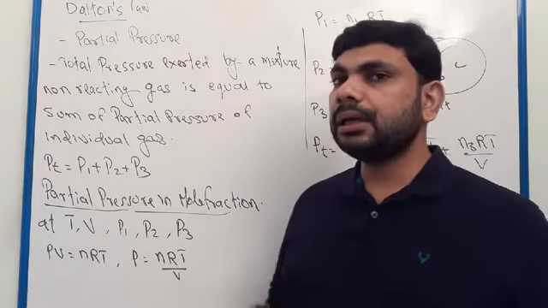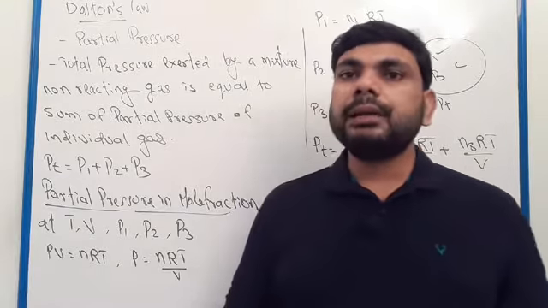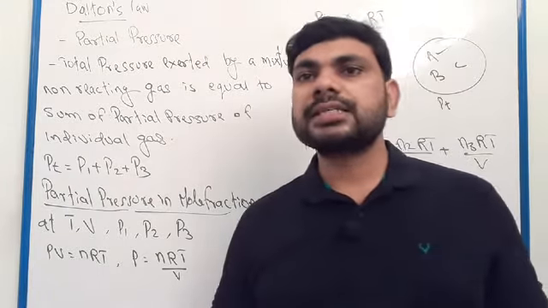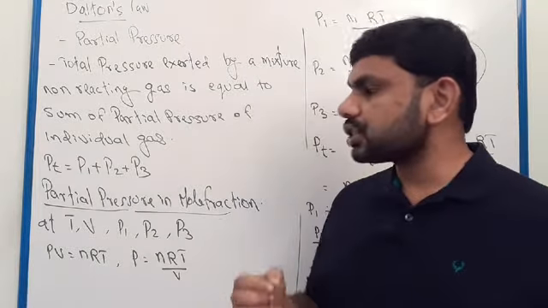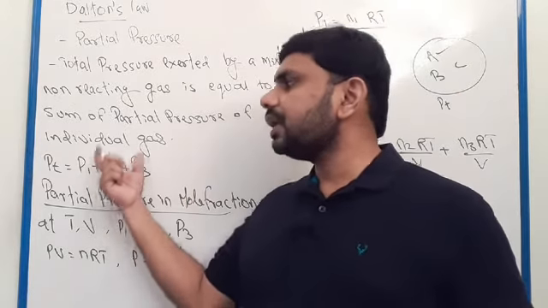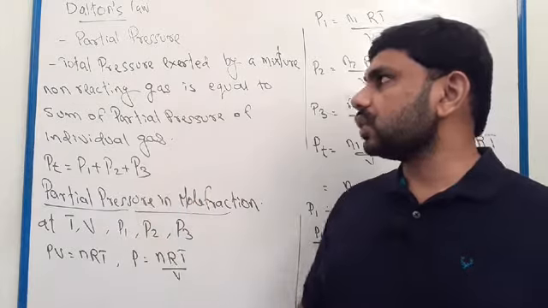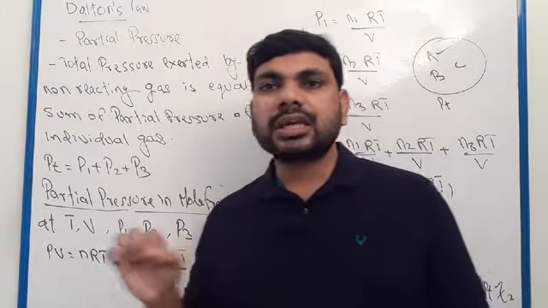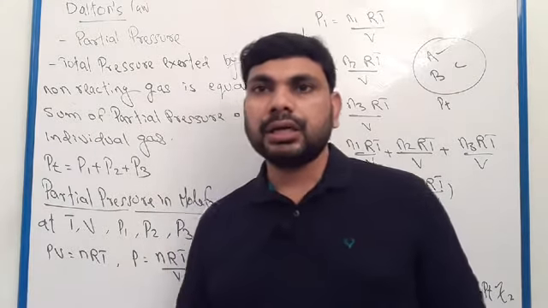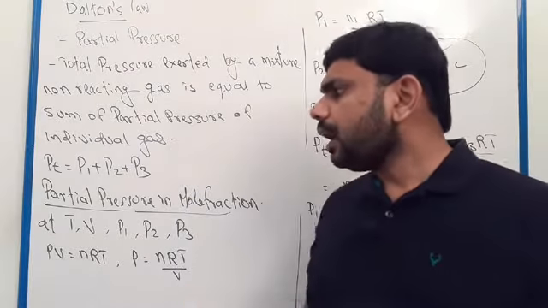P1 means the partial pressure of the first gas, P2 the partial pressure of the second gas, P3 the partial pressure of the third gas. When you add all these partial pressures, it will be equal to the total pressure. That is Dalton's law. I told you what partial pressure is. Clear?